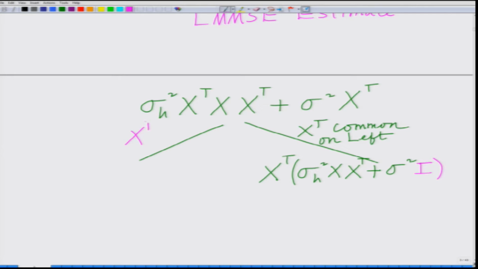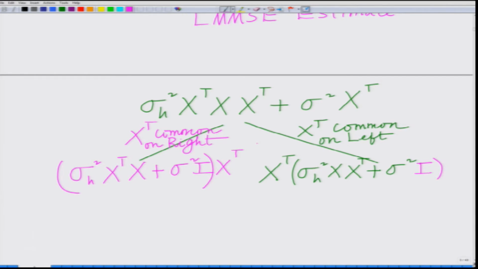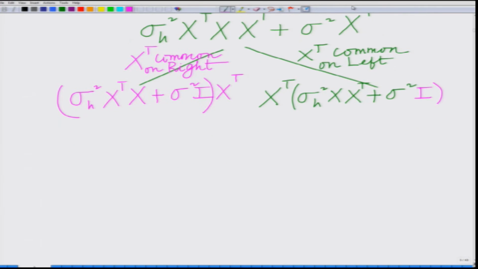So taking x transpose outside on the right, what am I going to have? I am going to have sigma h square x transpose x plus sigma square identity times x transpose, and naturally since both these quantities are derived from the same quantity, these two quantities are equal.